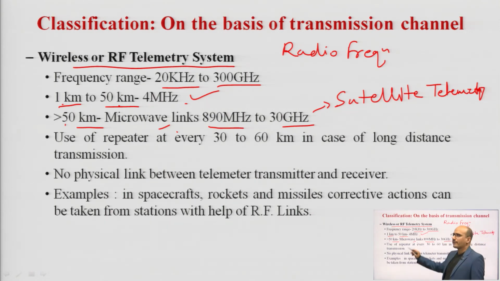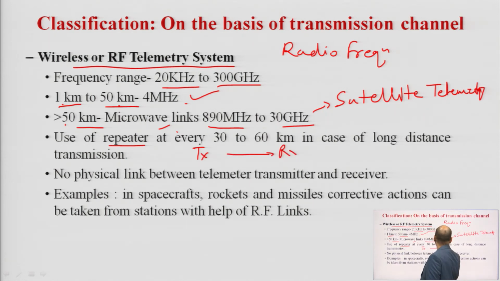Now, the use of a repeater is also a very important part. Basically, a repeater is a circuit which is going to reconstruct your transmitted signal. Now, the question arises, why is it required? Basically, there is a transmitter and then there is a receiver.